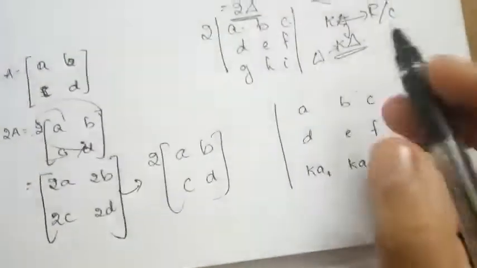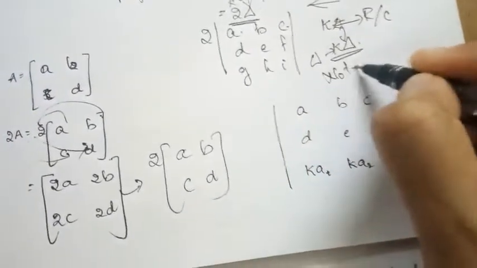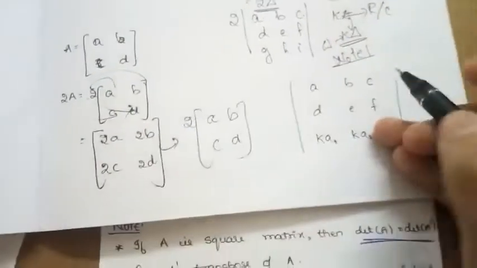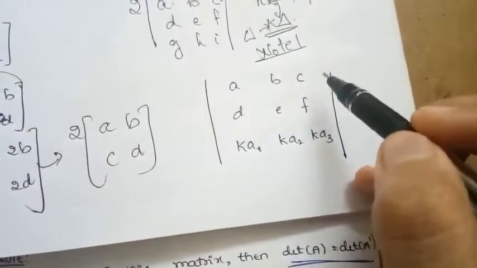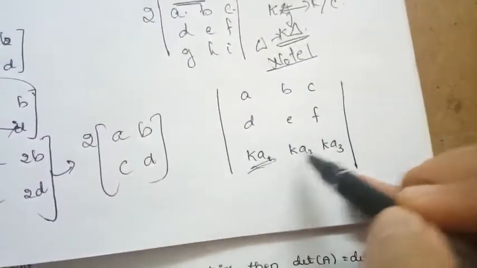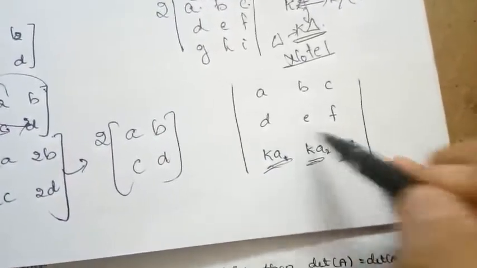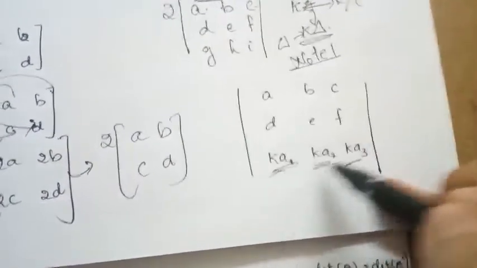So we can observe some notes or facts in this property 4. If there is any determinant like this, and you can see here there is some common factor or common multiple in this row R3, that is k.